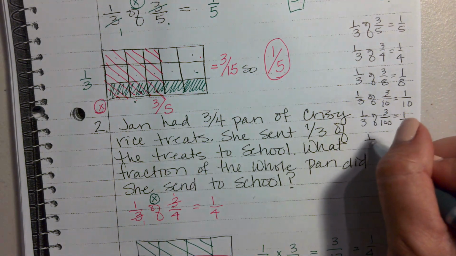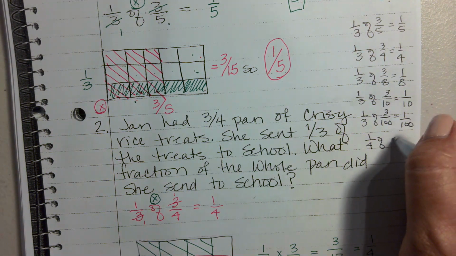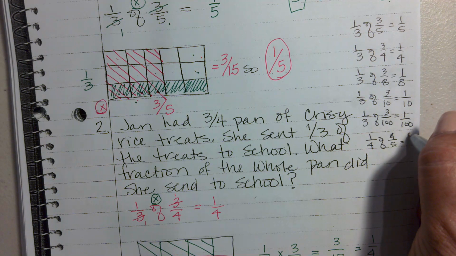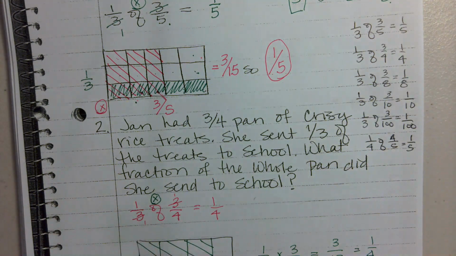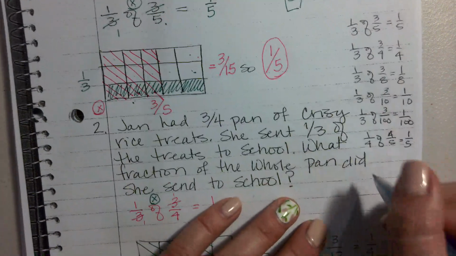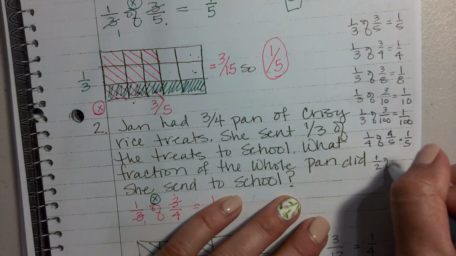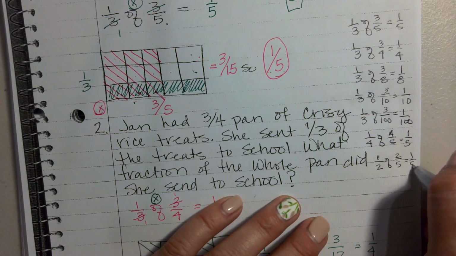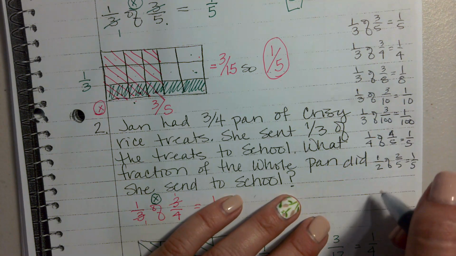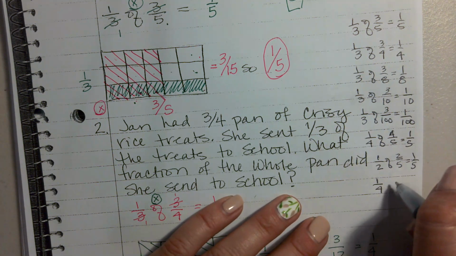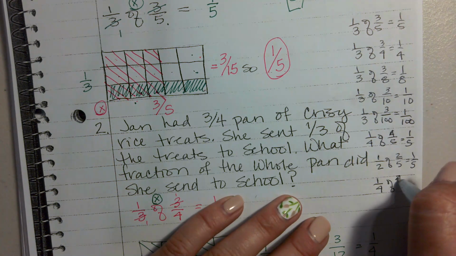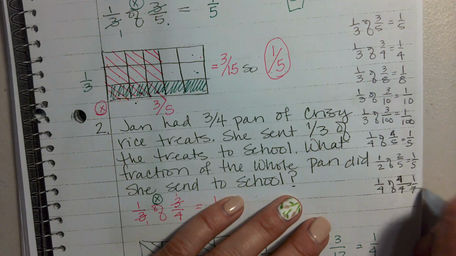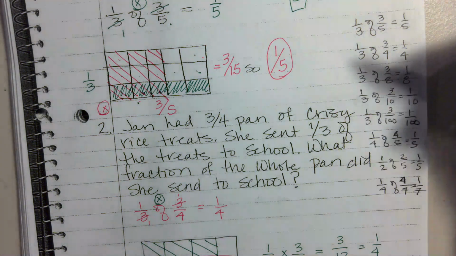And 1/4 of 4/5 is going to be what? 1/5. Then we have, let's keep going, 1/2 of 2/5. It's going to be what? 1/5. And then let's end it right here. 1/4 of 4/7 is 1/7.